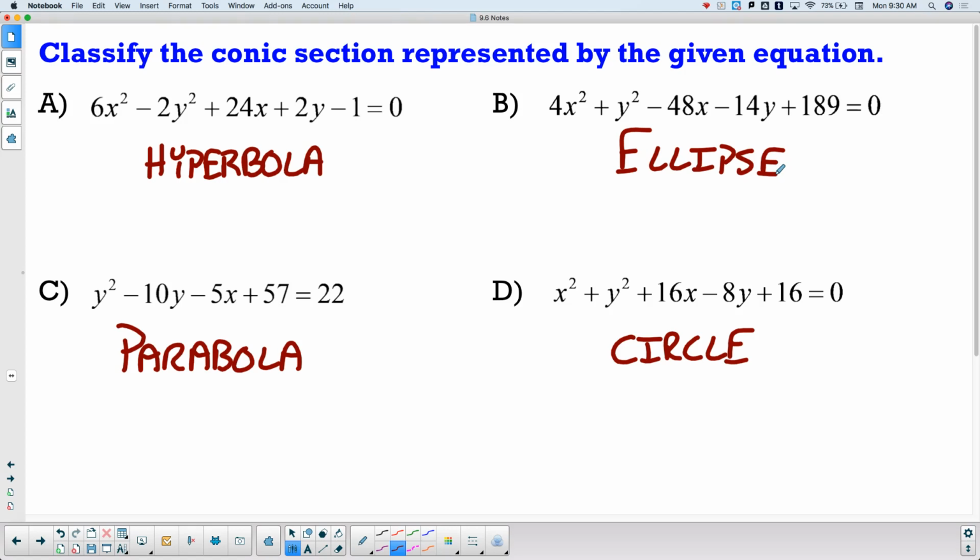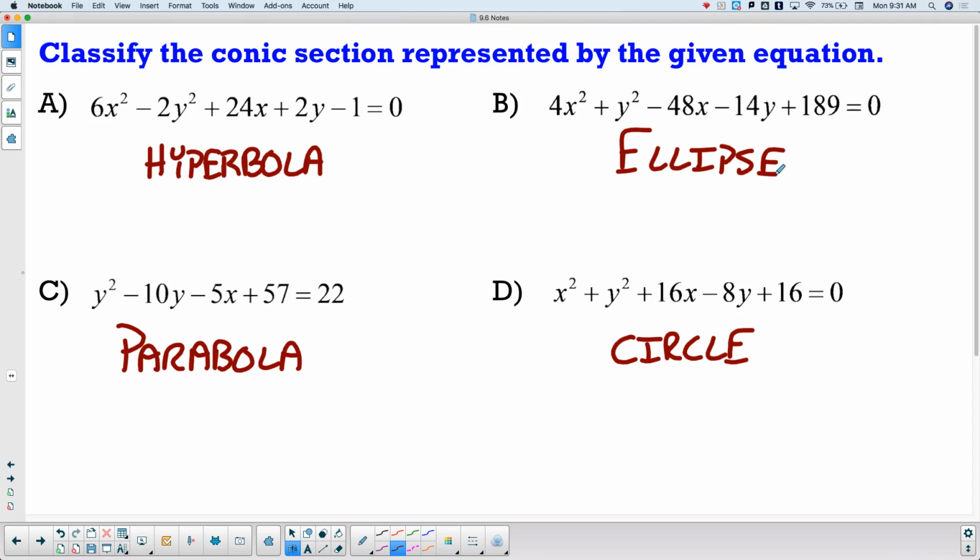Now, on Wednesday, we're going to learn how to change equations that look like this into our standard form of a hyperbola, of an ellipse, of a circle, of a parabola, because then we can graph it and we can find all the extra stuff that we have to find.